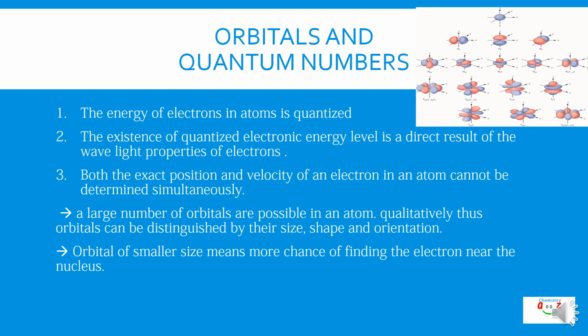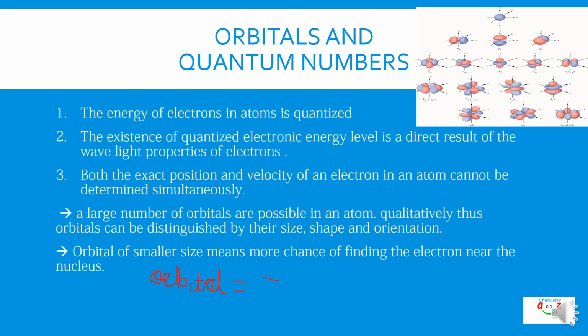If you want to get an idea about the orbital, then only three quantum numbers are required: the principal quantum number, the azimuthal quantum number, and the magnetic quantum number.